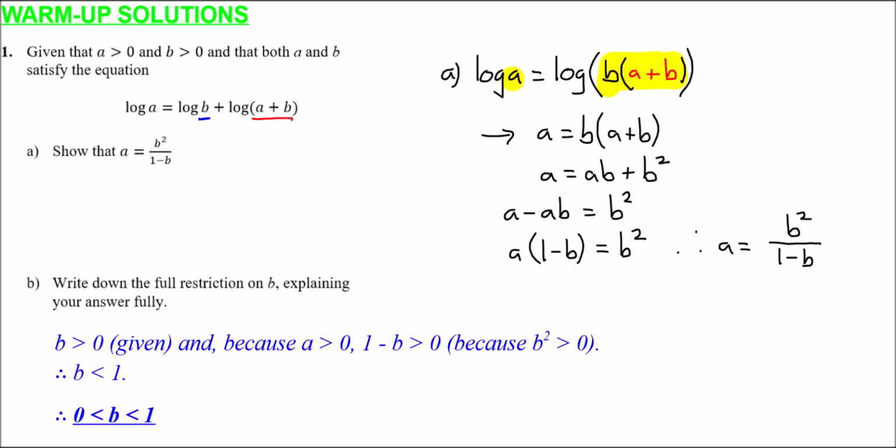And so if we take this inequality here and add B to both sides, so 1 is greater than B, in other words, B is less than 1. So because B is less than 1, but it's greater than 0, put these two together, and we have this complete restriction on B. B is somewhere in between 0 and 1, but not including 0 and 1 themselves. Let's now have a look at question 2.